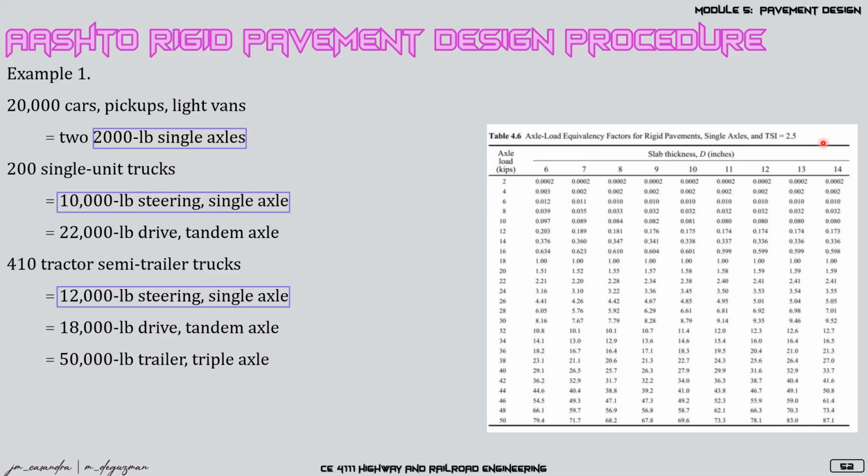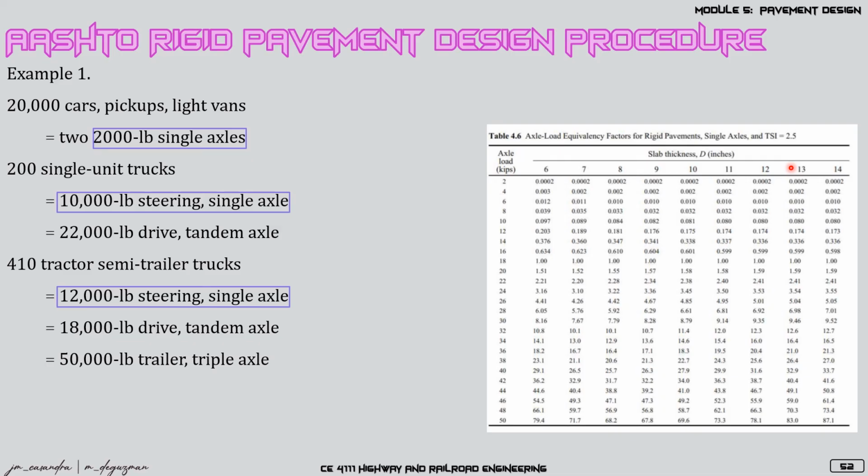In rigid pavements, our controlling factor will be the slab thickness, or D, while for flexible pavement, as we have used, it is the structural number.